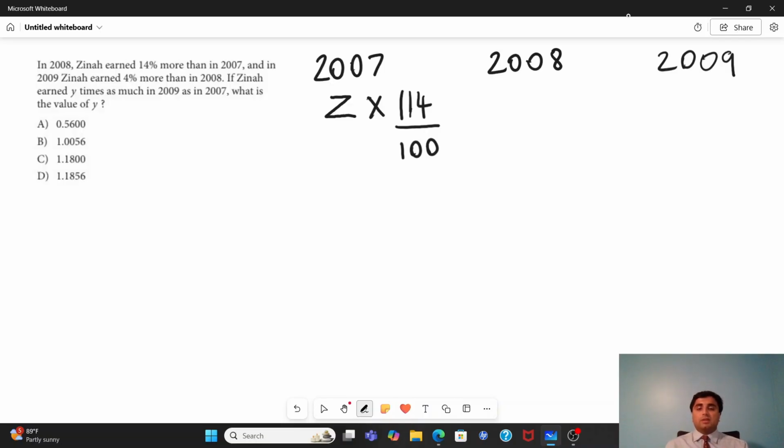Let me rewrite this. So she made 100 plus 14% right here. 14% more. So 100 plus 14, in parentheses, divided by 100. That will consequently be equal to 114 divided by 100.